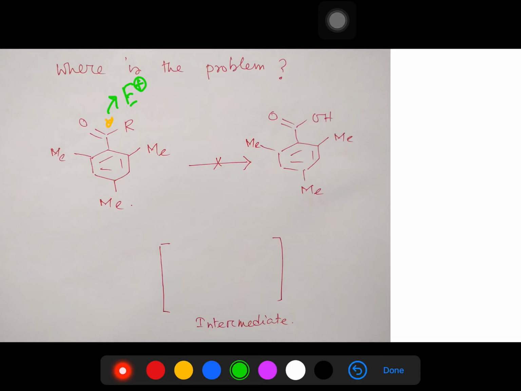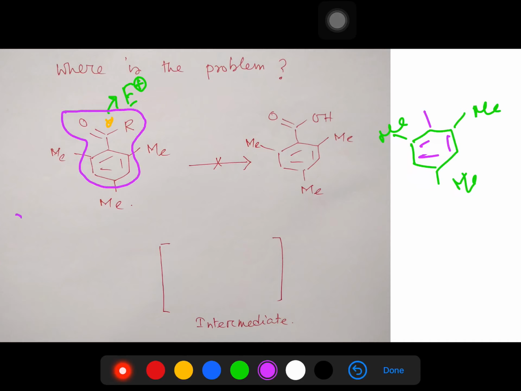Because of the resonance, let me draw it here. Because of this 3-methyl group, which results in steric effect, the carbonyl group cannot remain in plane with this benzoate, so an out of plane arrangement.